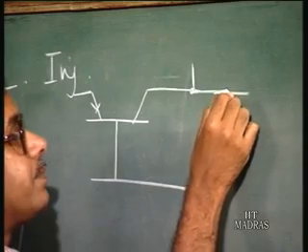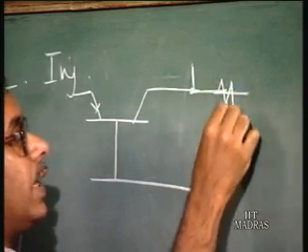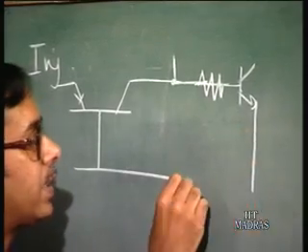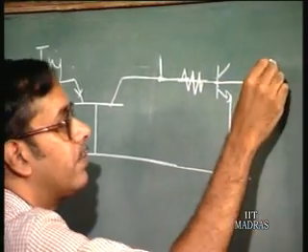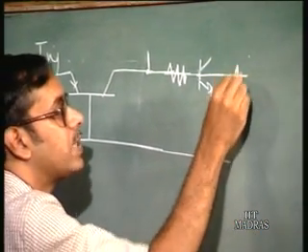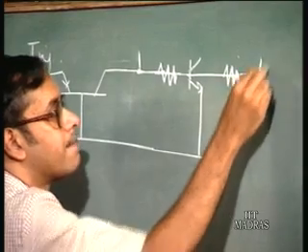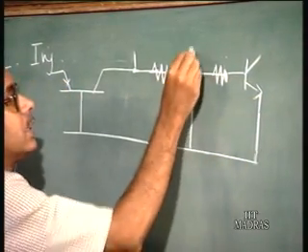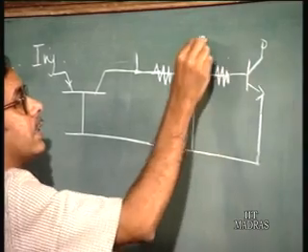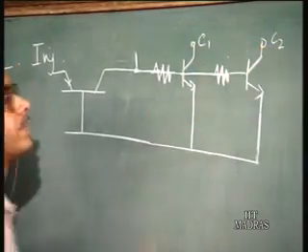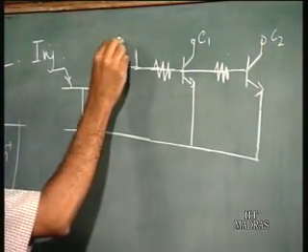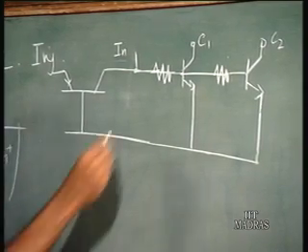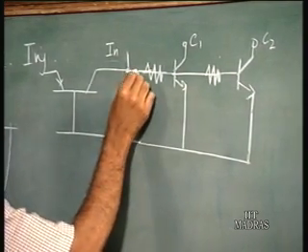Now here you have series resistance. This is one transistor, say. Then you have another transistor, but again you have series resistance. So this is collector 1, this is collector 2. This is the input. Not only that, you have a parasitic diode sitting here.